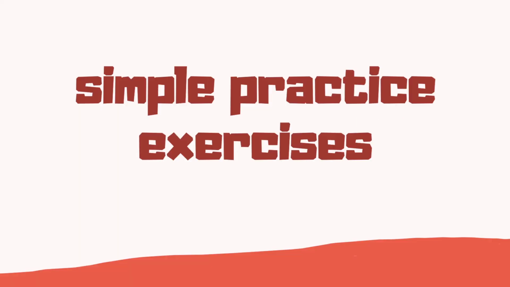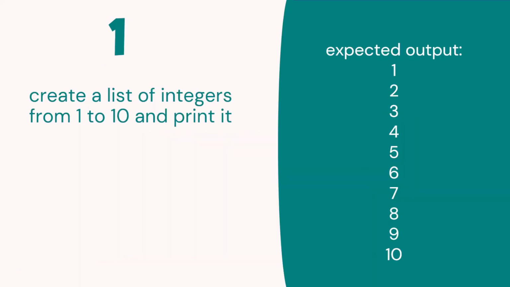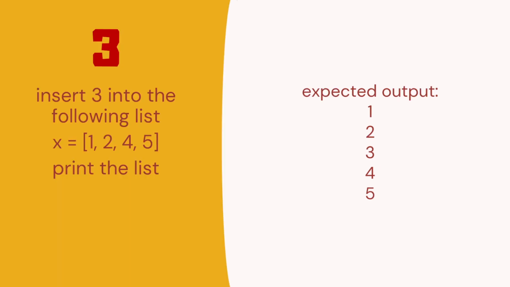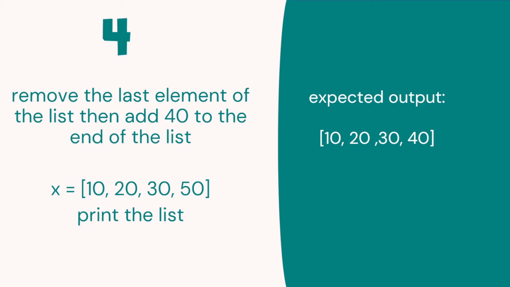Let's have a look at some simple practice exercises. Number 1, create a list of integers from 1 to 10 and print it. You can see the expected output here. Number 2, do the same but print it backwards or in reverse. Number 3, we've got 1, 2, 4, 5. We want to insert 3 in the place that gives us the output when we print it 1, 2, 3, 4, 5.